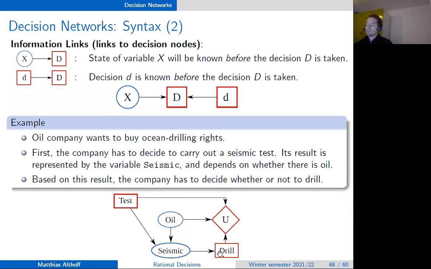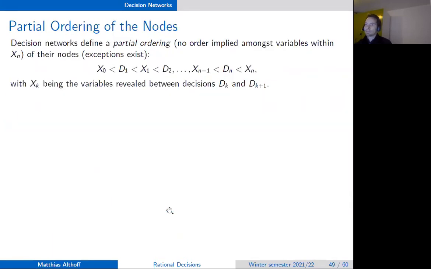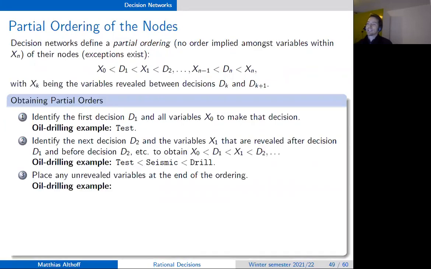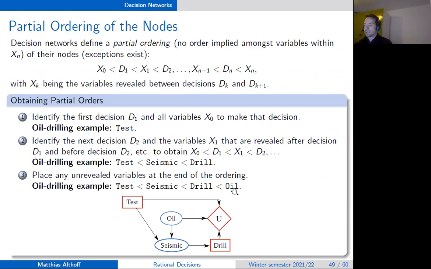And then we will make another decision whether we will drill or not. And at the very end, we add in the partial order all the random variables that are remaining, and that would be oil in our case. So first test, then seismic, then drill, and then we reveal any unrevealed variables at the end of the ordering, which is oil in our case.